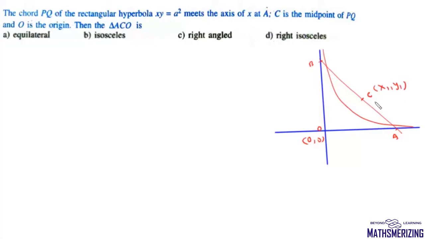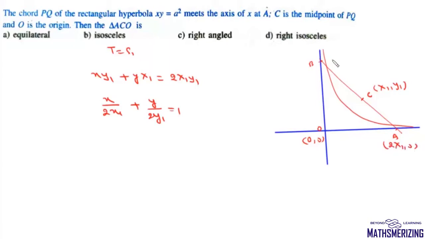We know that equation of chord with given midpoint is given by T equals S1, which in the case of a rectangular hyperbola is xy1 plus yx1 equals 2x1y1. Now we can write this equation as x upon 2x1 plus y upon 2y1 equals 1. So this point A will be 2x1 comma 0 and this point B will be 0 comma 2y1.